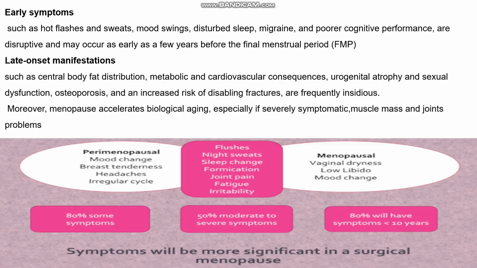The late onset manifestations are the central fat distribution, metabolic and cardiovascular consequences, urogenital atrophy and sexual dysfunction, osteoporosis, and increased risk of disabling fractures, which are the late complications of menopause.